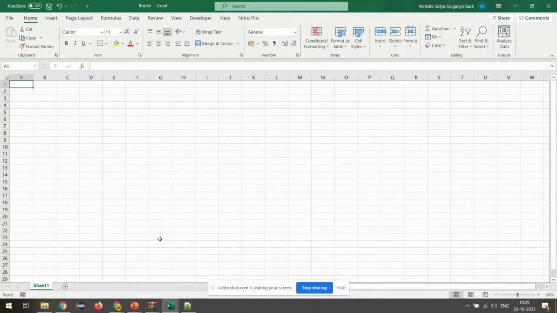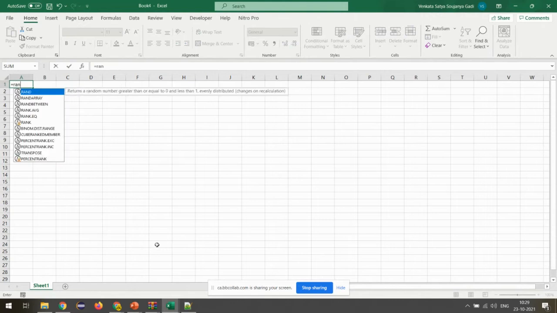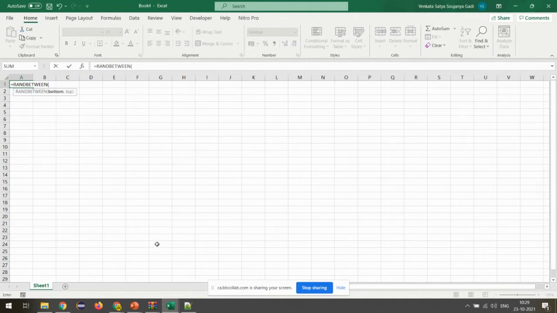How do we generate random data? In Excel, we have the function RANDBETWEEN. So let me generate some random data, say between 8,002 and 95,000, divided by 1,000.